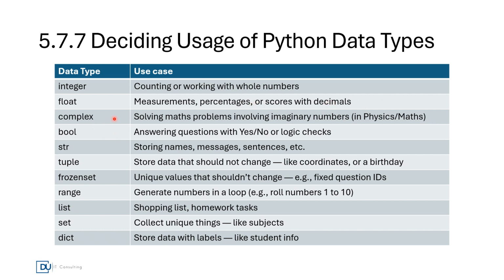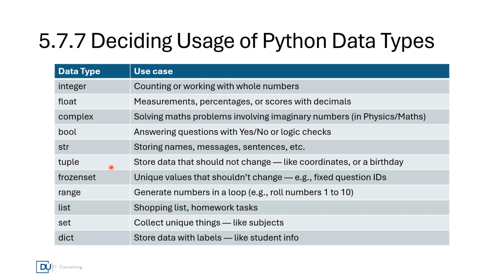Complex can be used in physics or maths where you're dealing with imaginary numbers. Bool can be used when you're trying to answer questions or find out yes or no or performing any logical checks. String data type has to be used when you're trying to store names, messages, or storing some sentences.